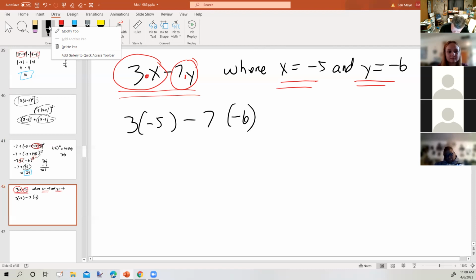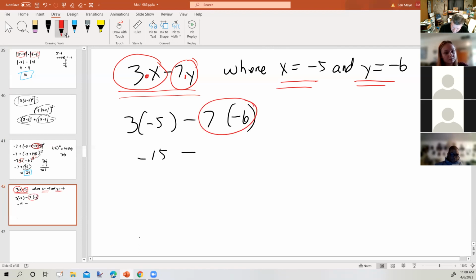3 times negative 5 would be negative 15 minus 7 times negative 6, which would be negative 42. So now I've got negative 15 minus negative 42.